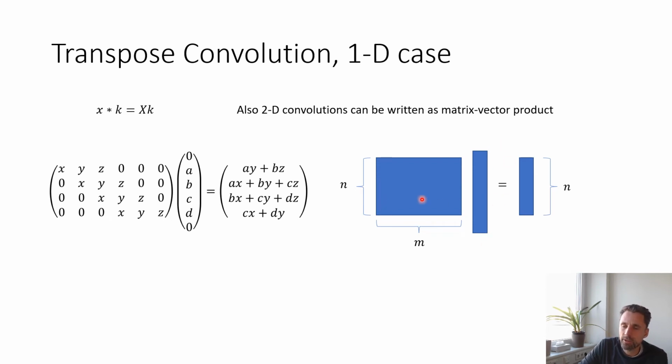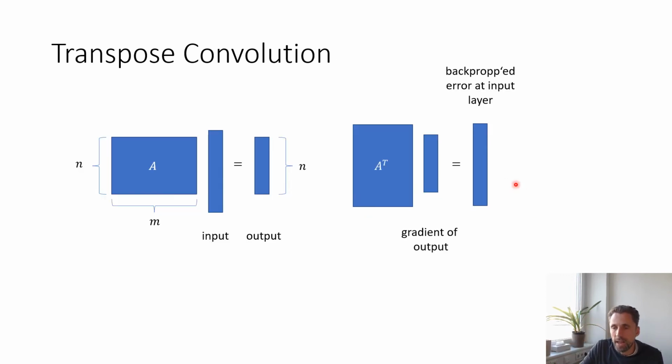And so that's something that you already should know. Multiplying a vector by a matrix kind of projects that vector down to another vector space that can be arbitrarily sized. So for example, here we have an m-dimensional input and an n-dimensional output, and that convolution kind of reduces the size. Now we can also arrange that differently and take, for example, the transpose of that matrix, which now maps the output back into the input space.